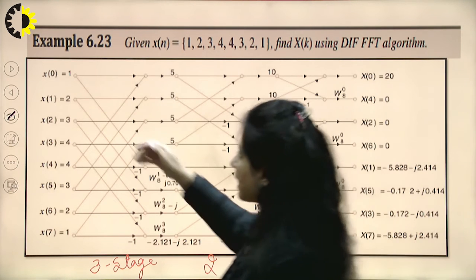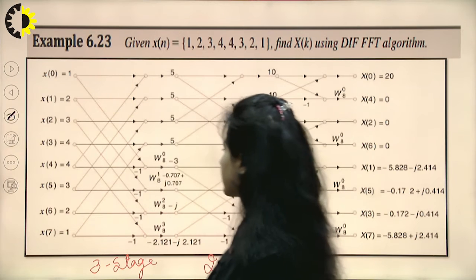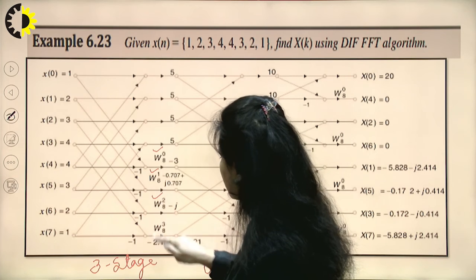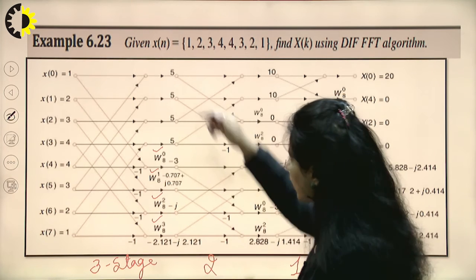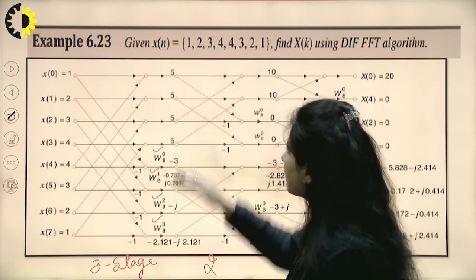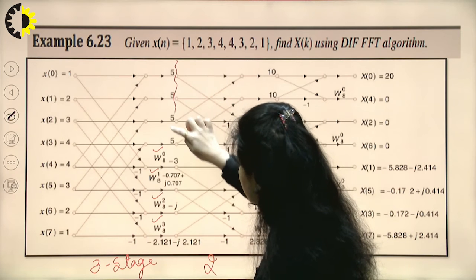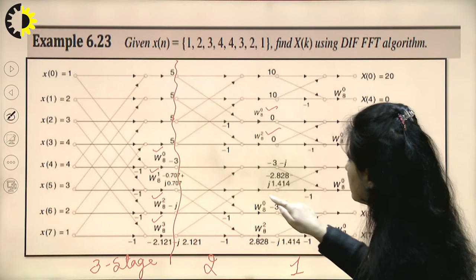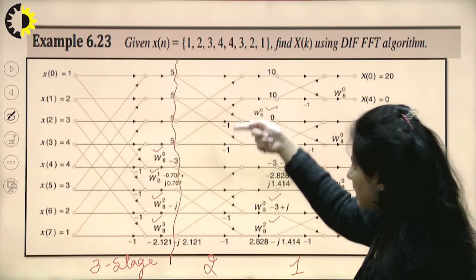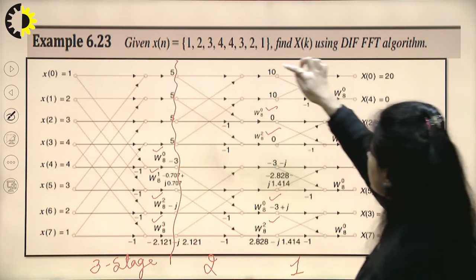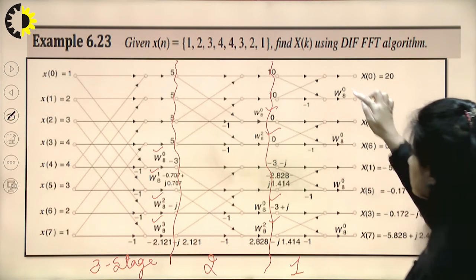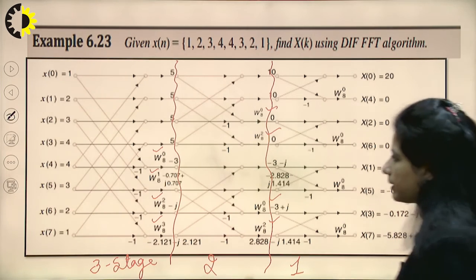So I'm giving the input in sequence. Weights are W0, W1, W2 and W3. Whatever samples I calculate here, I give to the second stage, and my weights are the same, 0, 2, 0 and 2, with -1 alternately provided. And in the third stage, my weights are 0, 0, 0 and 0 alternately.